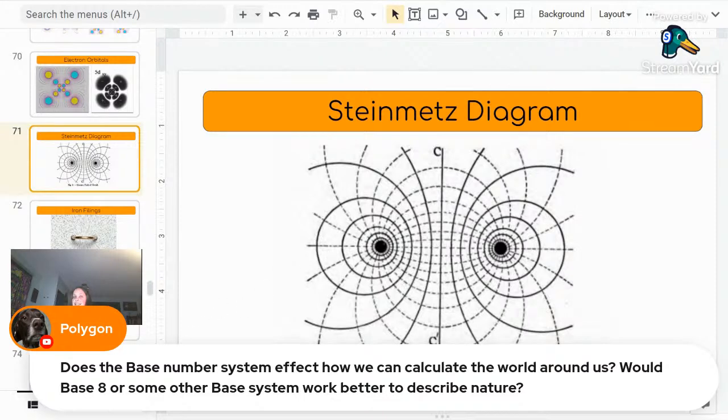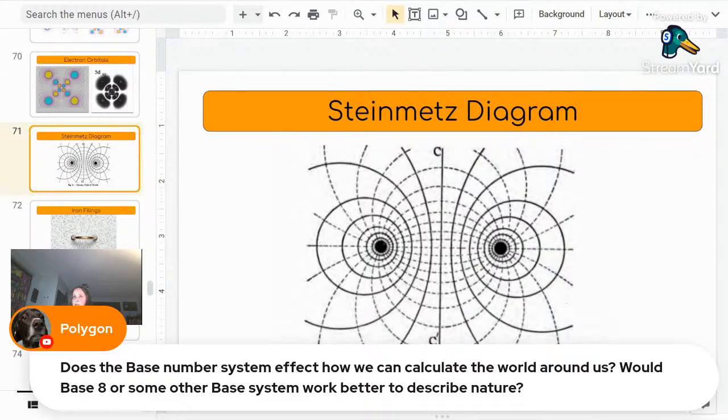And so how I would answer this question is the binary system is probably the best for describing nature in terms of the principle of incommensurability. Otherwise, all of the base systems are kind of arbitrary, and it really depends on how many fingers you have. If we had 8 fingers, we might find base 8 more natural to count with.